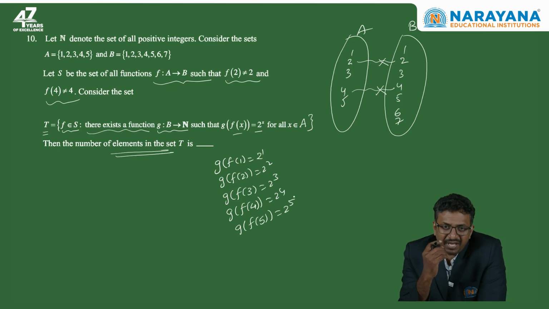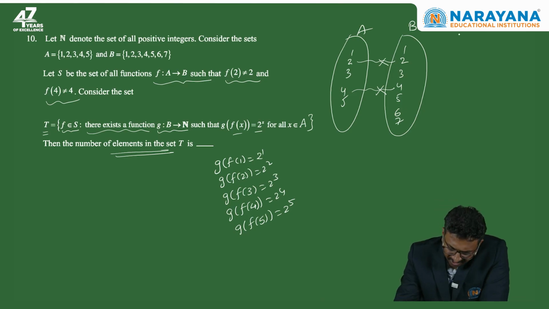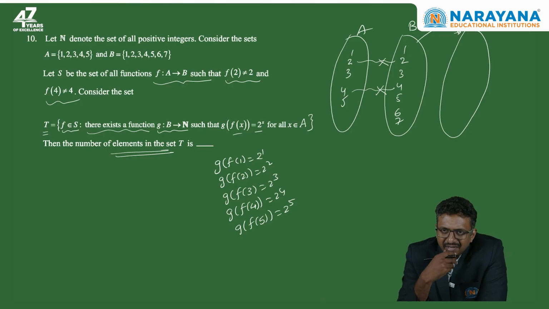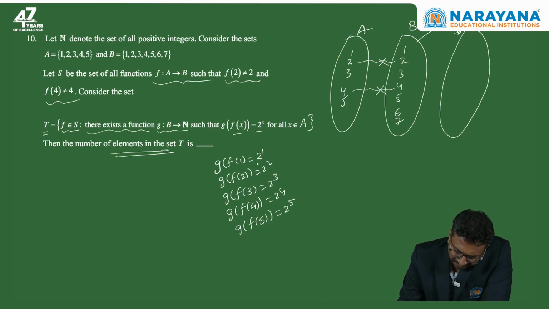So there should be a function, because from B, if you take another function from B to the set of natural numbers, you can have many functions. But what is the condition that this function has to satisfy? G of f of 1 has to be 2, f of 2 has to be this.